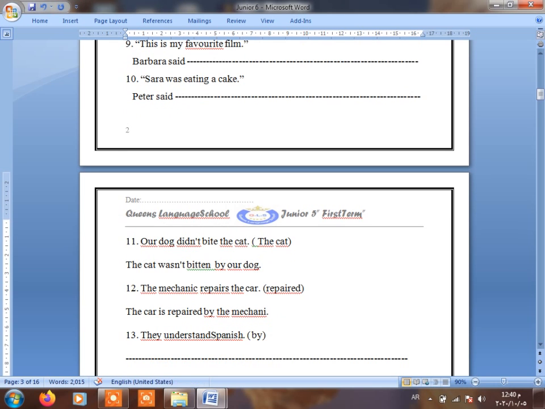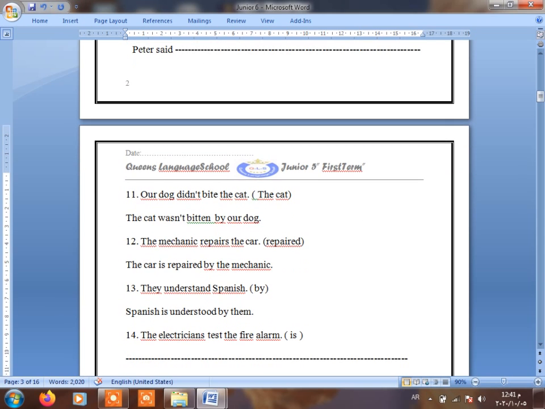Okay, number 13. They understand Spanish. So Spanish is the object. This sentence is in the present simple. So Spanish is understood by them. Okay, number 14. The electricians test the fire alarm.